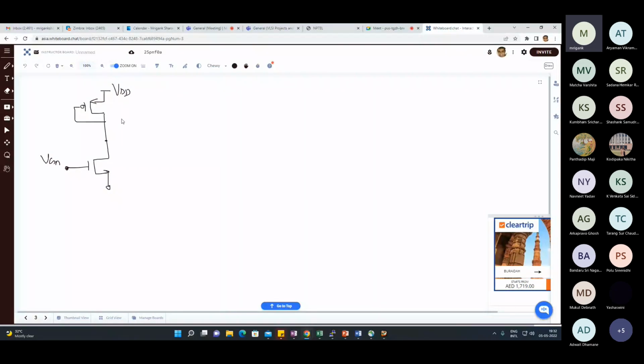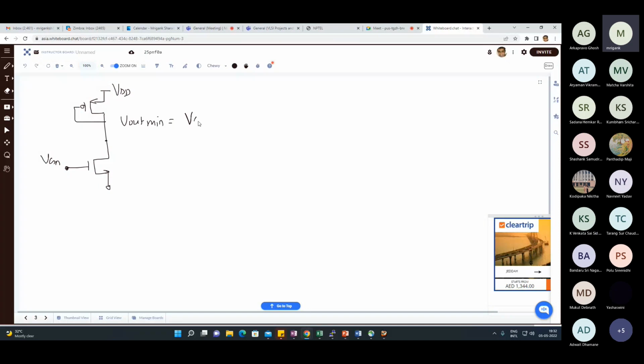Now what is V out? In this case, what is the allowed V out min? VGN minus VTN, because if you go below that, this transistor will enter the triode region.